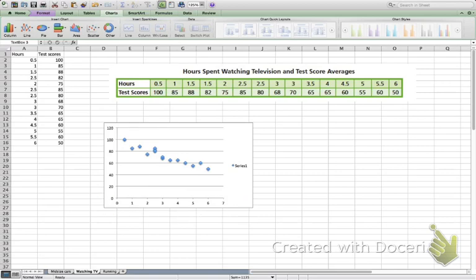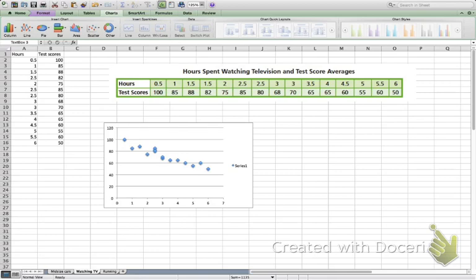Notice that as the number of hours on television increases, your test scores go down. There's not a line that can go exactly through all the points, but there's a general idea that the points are going downhill. Real life doesn't always happen in exact perfect lines, but there's at least a trend that it's following, and it's going downhill.